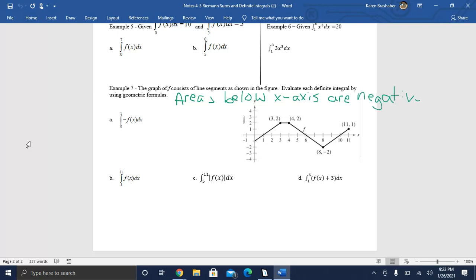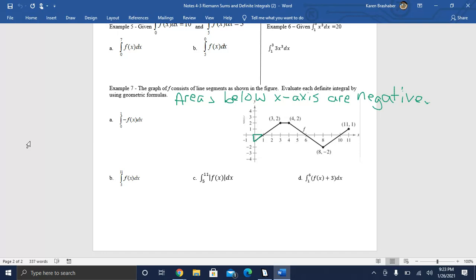So keeping that in mind, for our first problem, we're asked to find the integral from 0 to 1. So this shape is a triangle from 0 to 1, but it is below the x-axis.